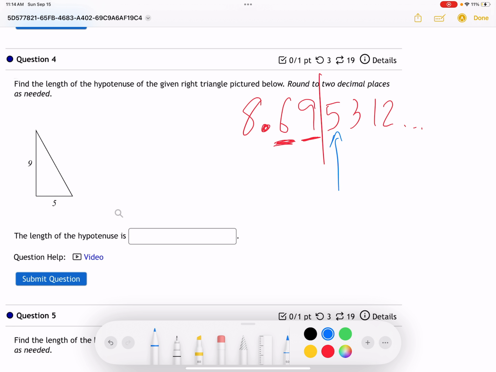If the number is 5 or above, then this number goes up by 1. So this will become 8.70. If this was, say, 68, then this would have become 8.69. That's how you round to 2 decimal places.